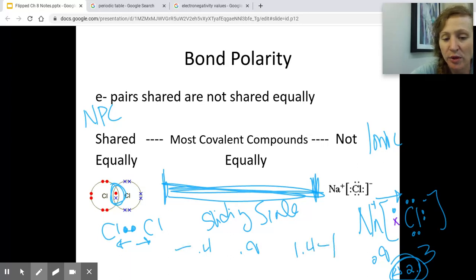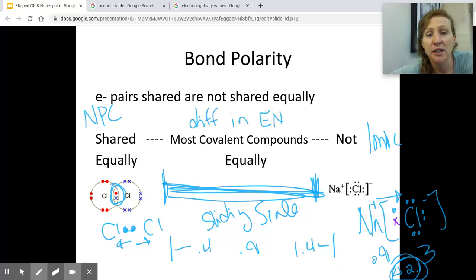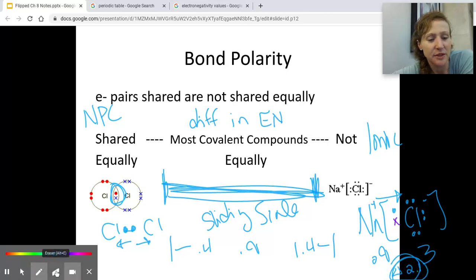Not all polar bonds are created equally. It all comes down to a difference in electronegativity, and that's what's going to determine the bond polarity. If they're shared equally, it's because they're being shared between two identical atoms. Most things are going to be in the middle somewhere.